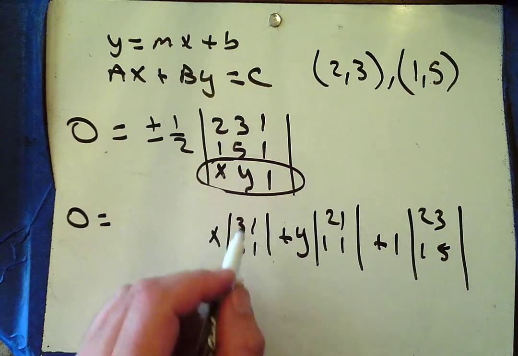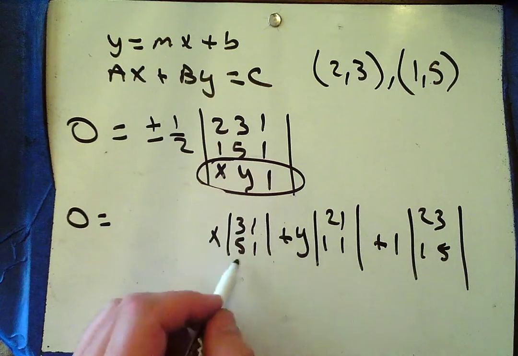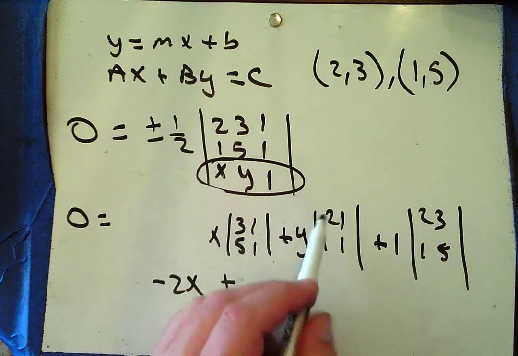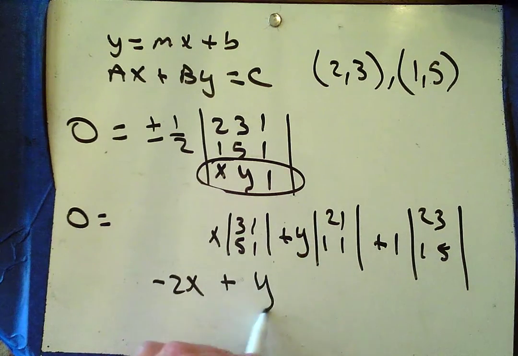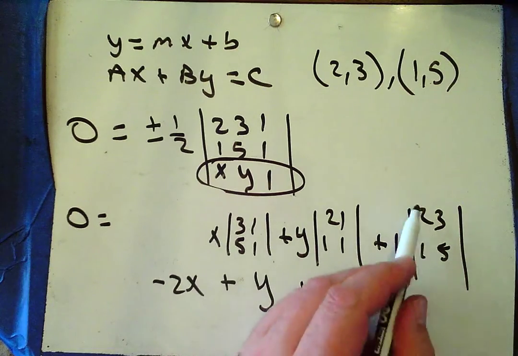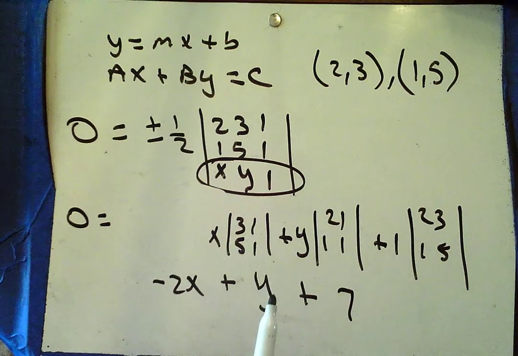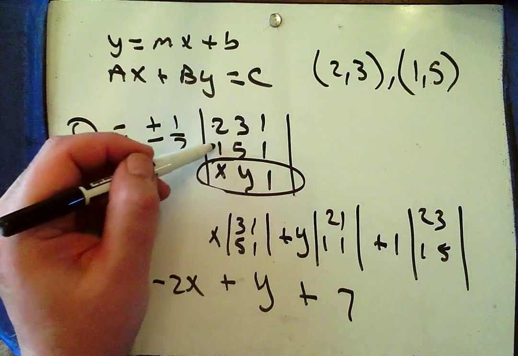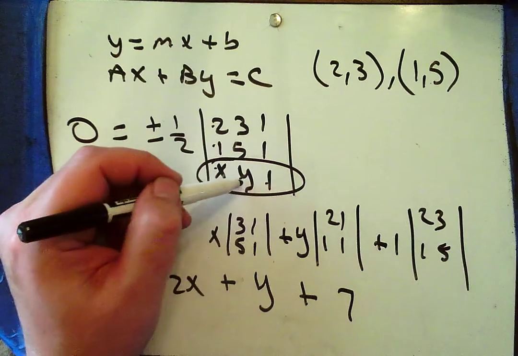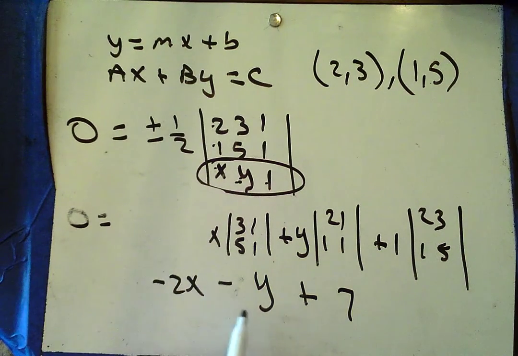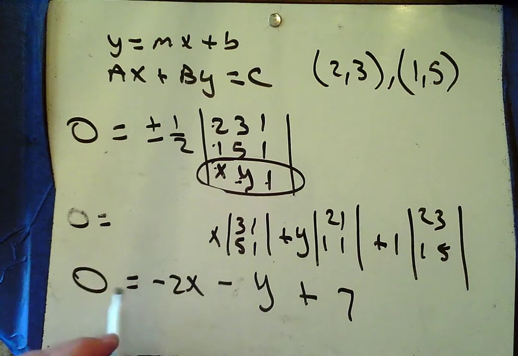Okay, so this determinant is 3 minus 5, or negative 2x, plus 2 minus 1, plus 10 minus 3, 7 times 1 is 7. Don't forget the cofactor fabric, plus, minus, plus, minus, plus. So I have to multiply this by negative, which means this is negative, equals 0.